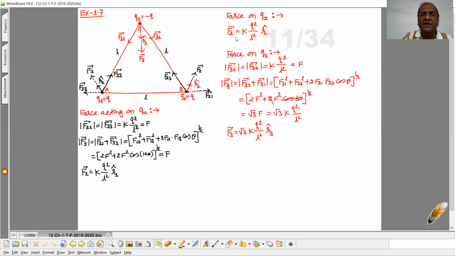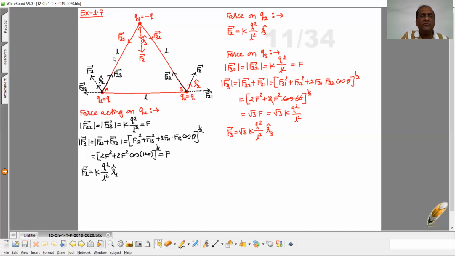Again exactly like the force on 1, we can write the force on 2 as KQ square upon L square into R2 caret, but that R2 caret is in the direction of force F2 as shown in the figure, at an angle of 60 degrees with respect to the positive x-axis. Clear?